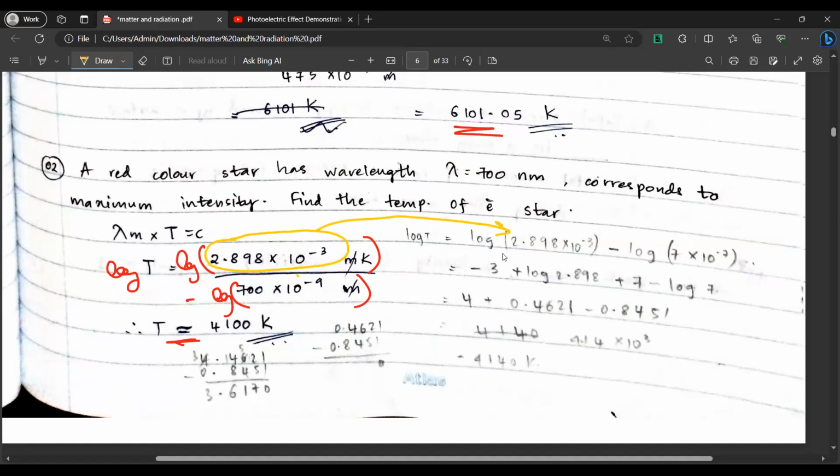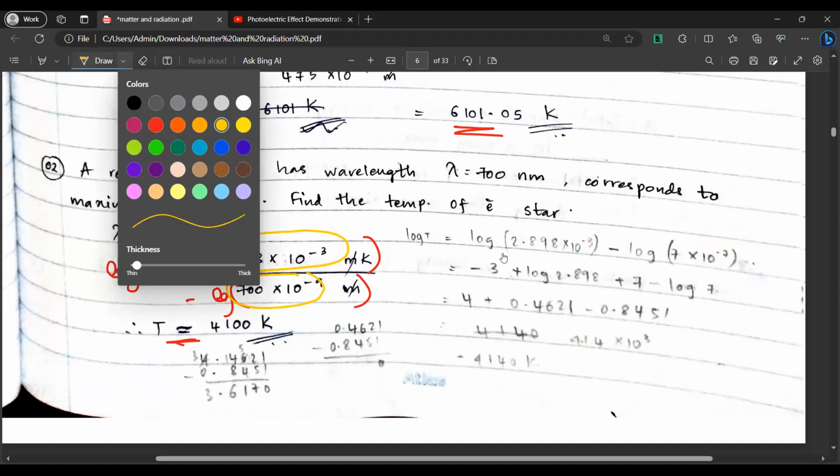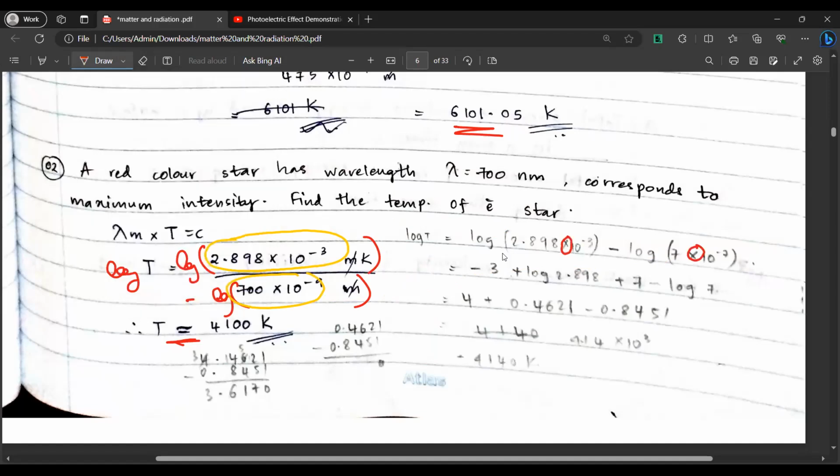So this is also written in scientific notation first. Once you have written in scientific notation, now here you have a multiplication. These multiplications can be written as additions: log this plus log of this.